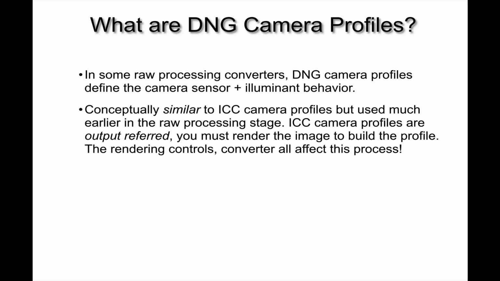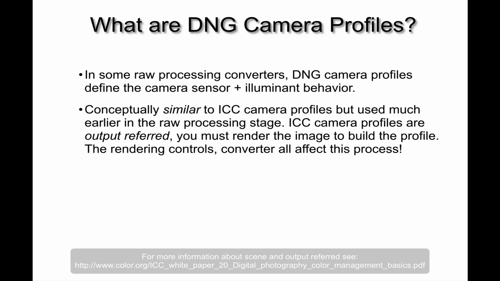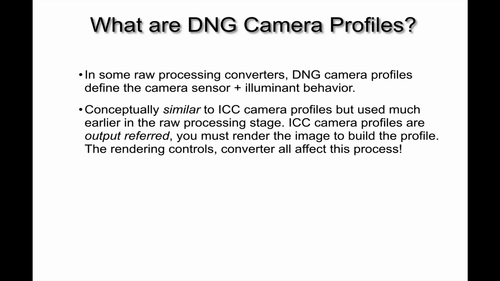ICC camera profiles, like other ICC profiles, are what are known as output referred, meaning you have to go and render the image that you've captured of the target. You have to decide how you want to control the various sliders and so forth in your RAW processing converter, and then you end up with some sort of a TIFF or PSD, what have you, that you then feed to this software to build an ICC profile.